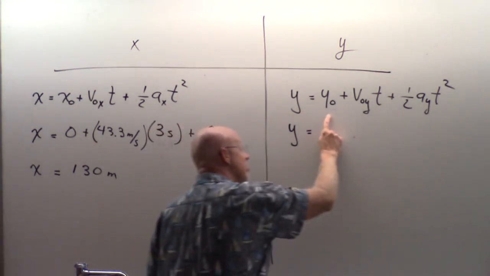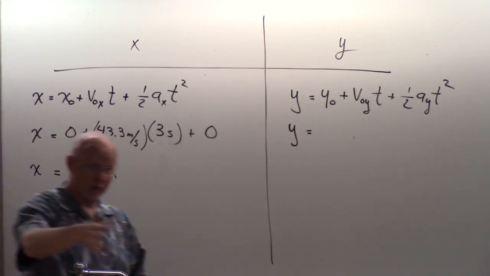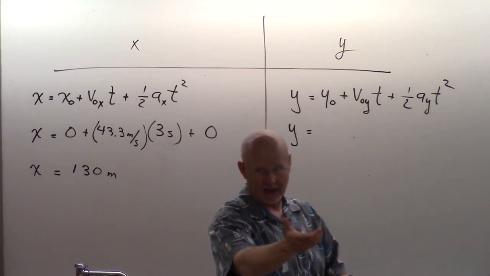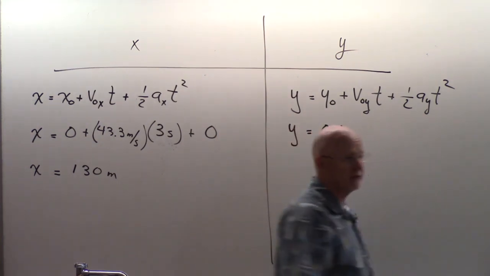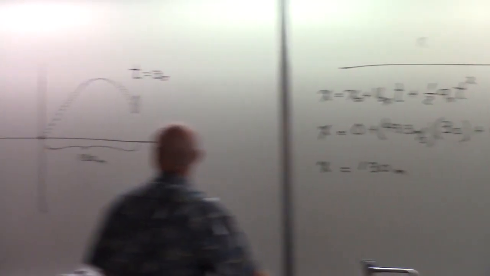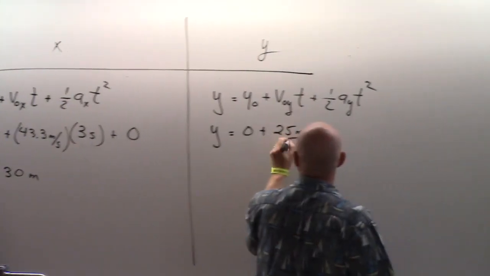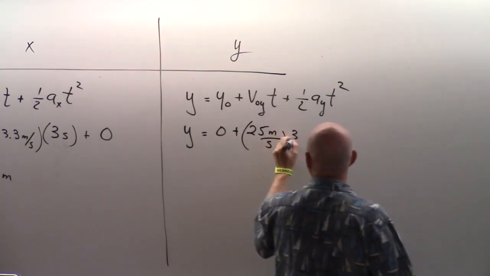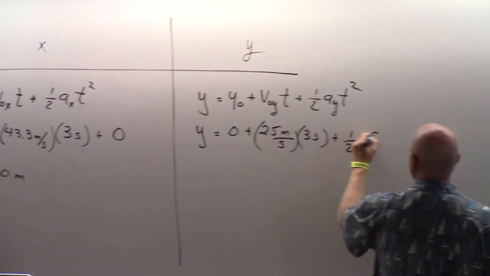Do I know the initial position of the y? Yes, I do. I put the origin there. So y is 0. The origin means x equals 0 and y equals 0. Do I know the initial velocity in the y direction? Yes, it is 25. Do I know the time? Yes, 3 seconds. Do I know the acceleration?